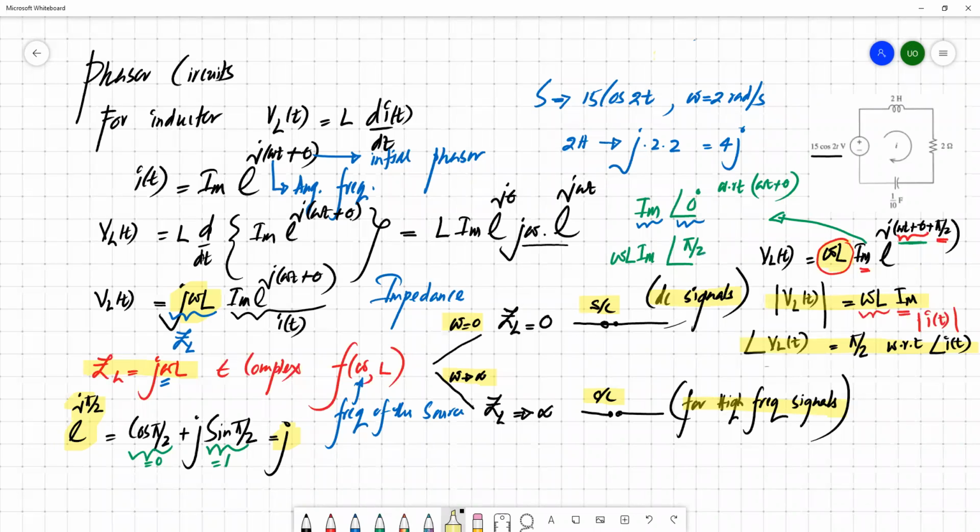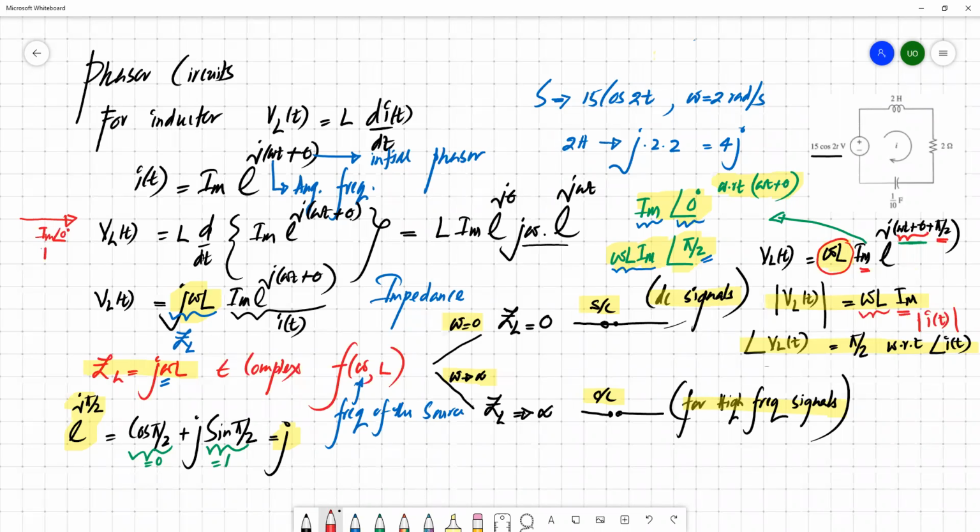So from this, we can take these two: omega L Im is the magnitude of the voltage, and this is the phasor of the voltage. If you draw this phasor diagram, it's something like that. If you draw the Im theta, it's like that. So this is your Im at an angle of 0.